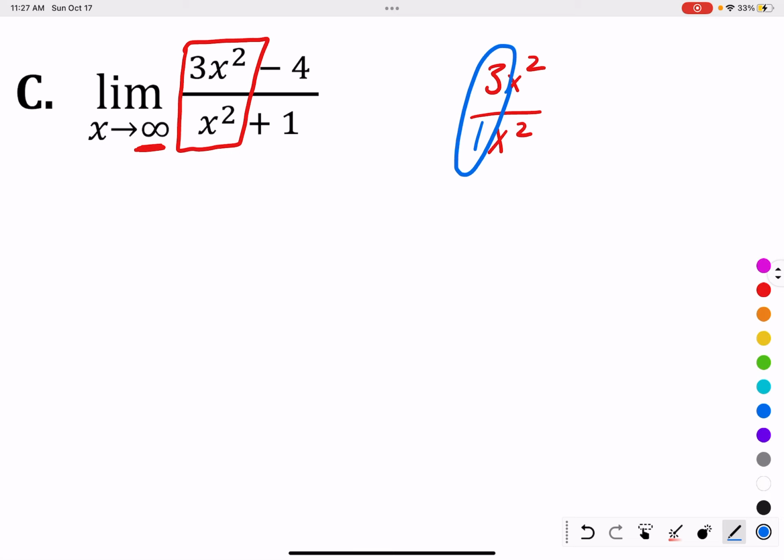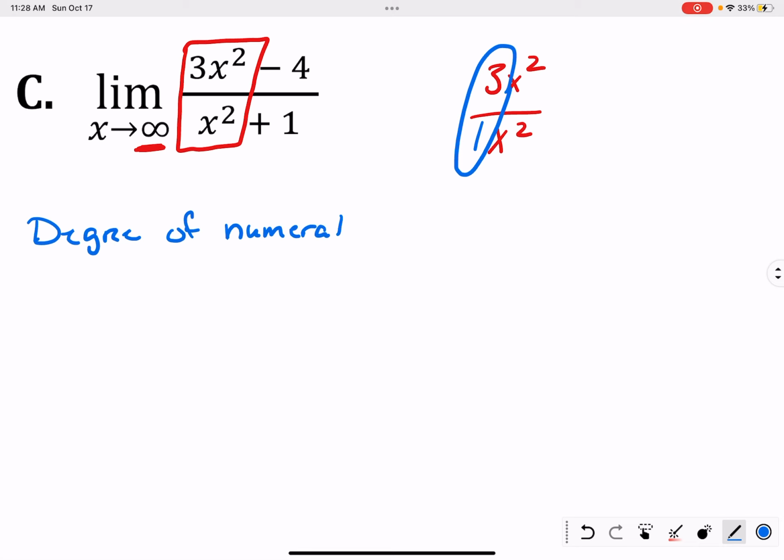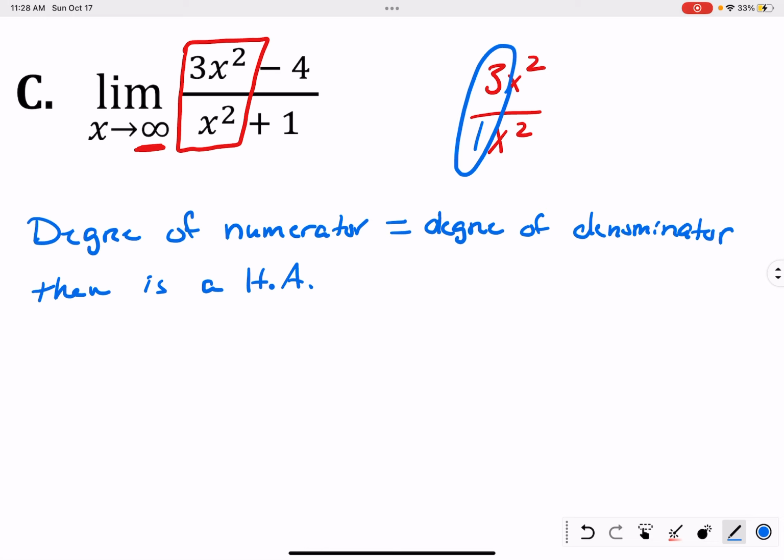So I'm going to write a couple things. When the degree of a numerator is equal to the degree of the denominator, there is a horizontal asymptote, I'll just shorten it with HA, at the ratio of coefficients.